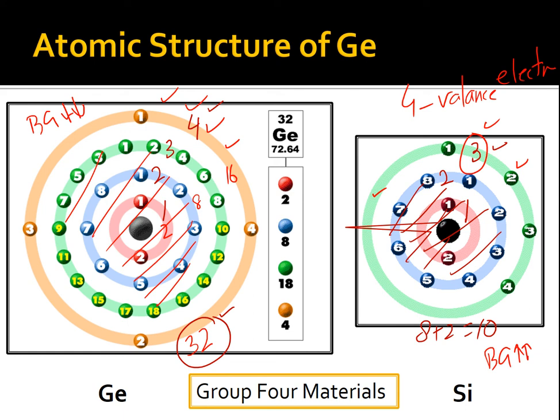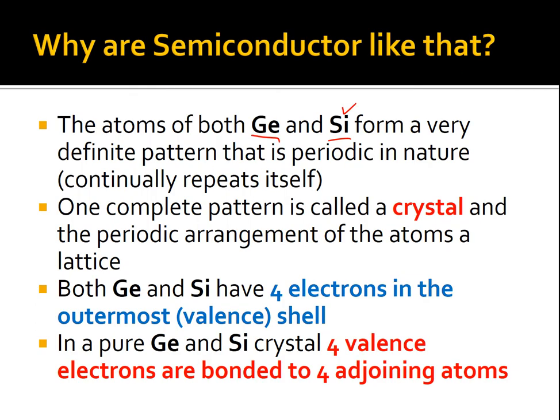So far we have seen just the structure of an atom. But in the actual material, a large number of atoms are bonded together, and that makes a metal or semiconductor. That bonding pattern is finally called a crystal, and the periodic arrangement of the atoms is usually referred to as the lattice.